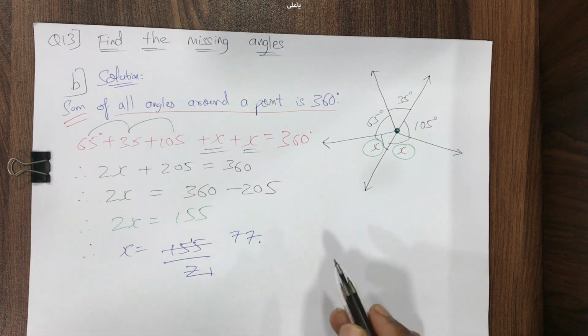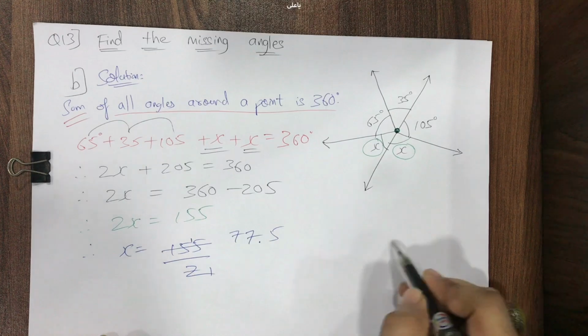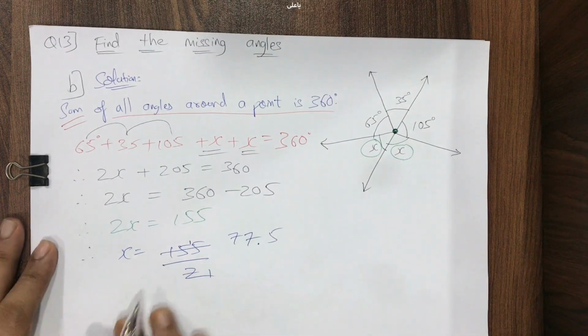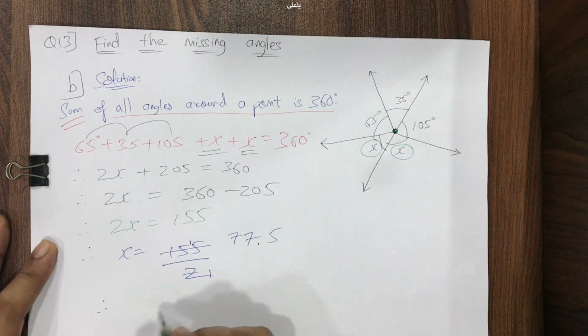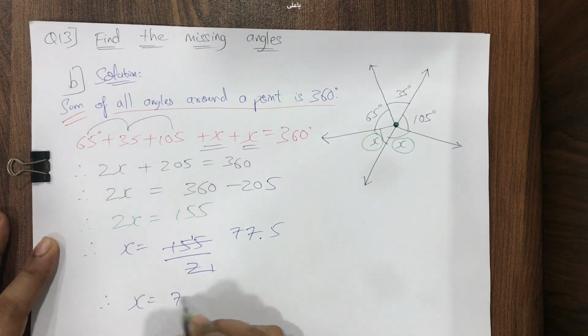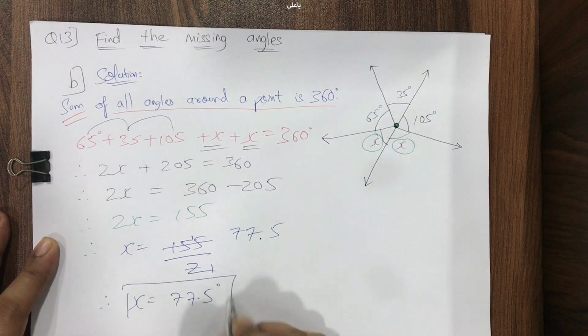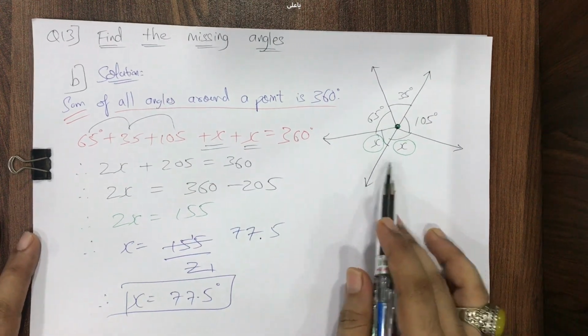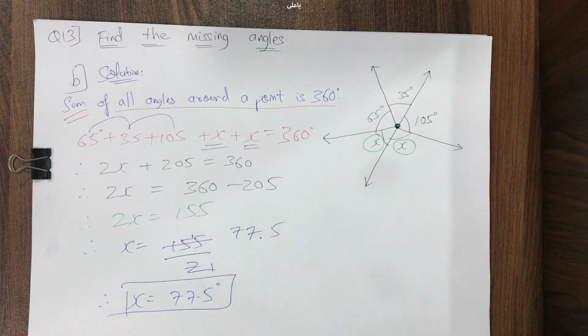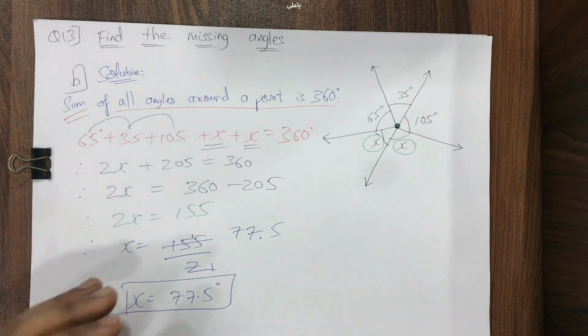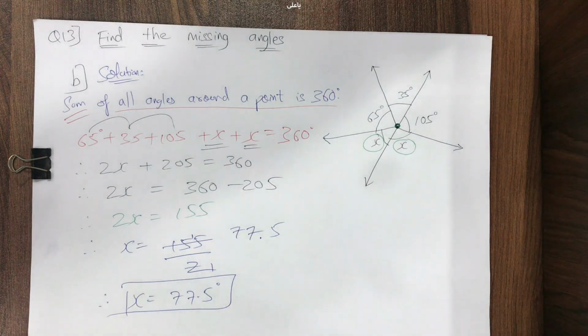So it becomes 10. 2 fives are 10. You can do it over here also in the rough work. So x is 77.5. Therefore value of x is equal to 77.5 degree, and this was only asked. x is nothing but the measure of the two angles over here. That's it students. Hope you all have done simultaneously with me. Pause the video if you have not completed fast.